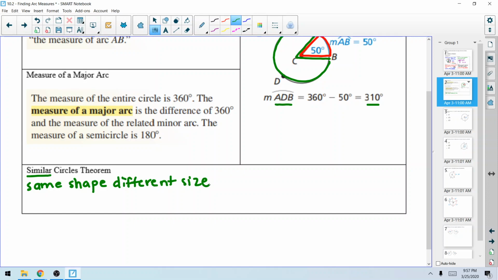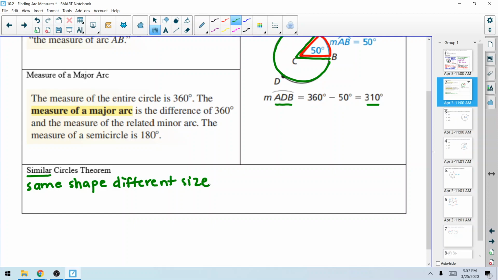Okay, well, if you're talking about circles, what do you know about the shape of all circles? And I hope you're thinking in your head, they're all the same. But they're all different sizes, right? You can have a radius of 2, you can have a radius of 10, you can have a radius of 50. So all circles are the same shape, but different sizes.